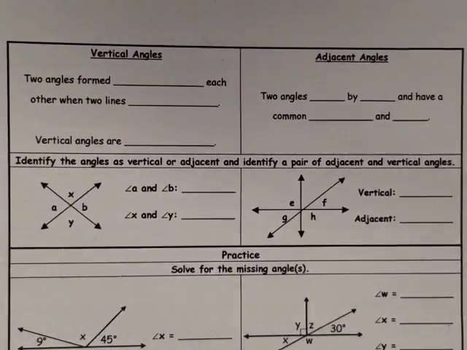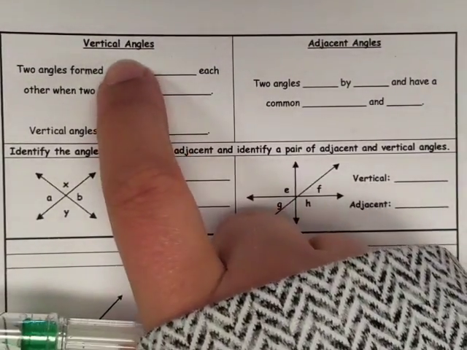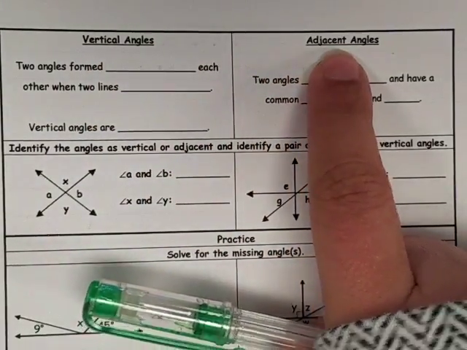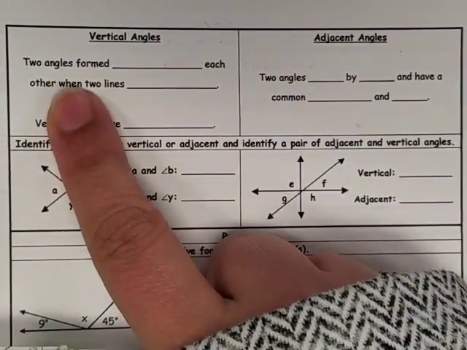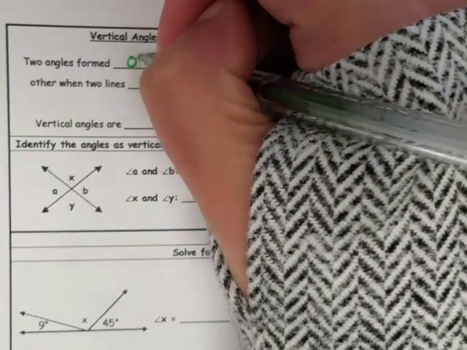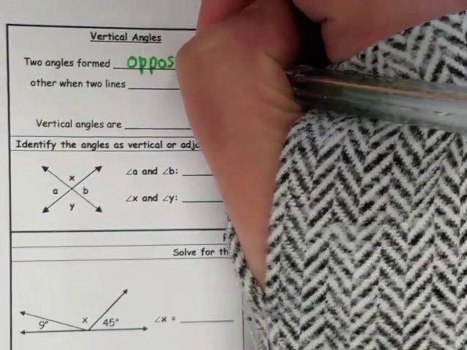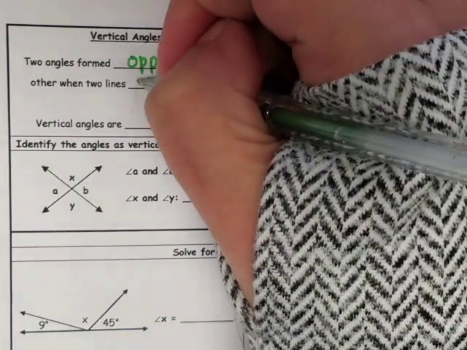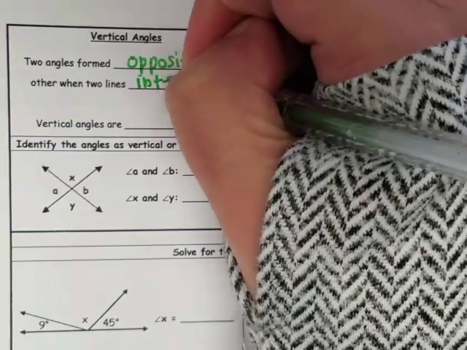So the right side also talks about some more angle relationships, vertical angles and adjacent angles. Vertical angles are when two angles are formed opposite each other when two lines intersect or cross.